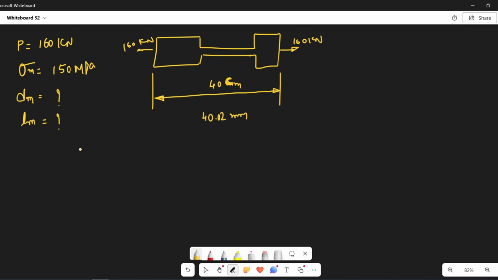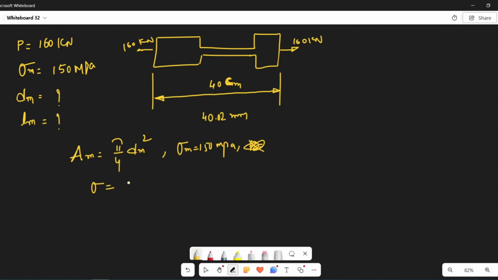For a circular section, the area is pi by 4 d squared, so we can identify the value directly. So how do we calculate that?